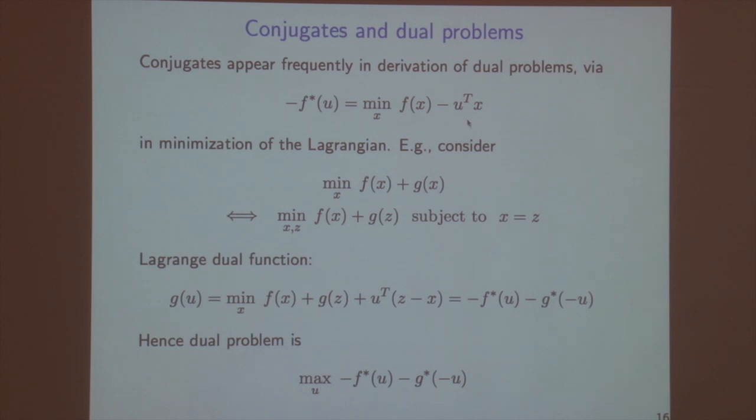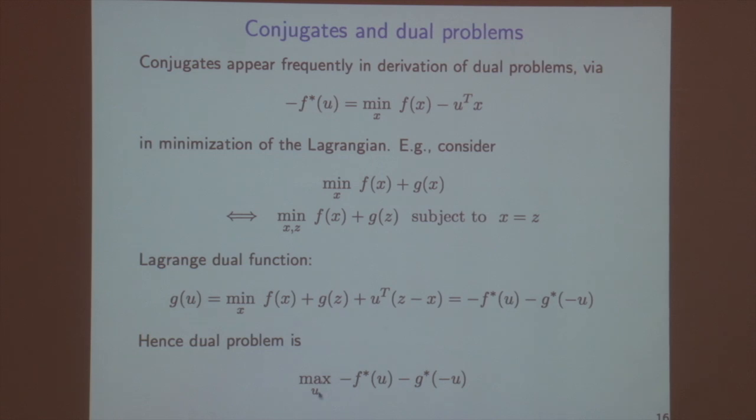And this looks a lot like what we do in minimizing the Lagrangian, right? We have some part of the criterion function, and we subtract off the Lagrange multiplier times something, if that something's involved in the constraint. So here's an example. If I asked you to minimize f of x plus g of x and I want you to derive the dual for this, the dual problem can be expressed succinctly in terms of the conjugates of these two functions.